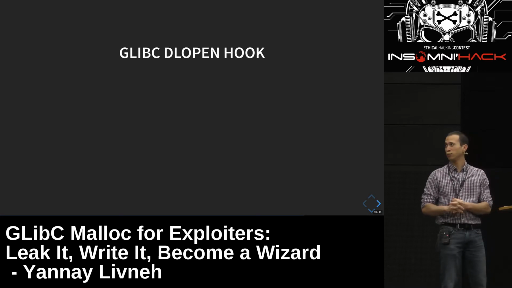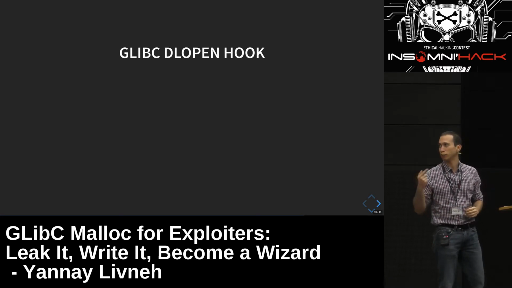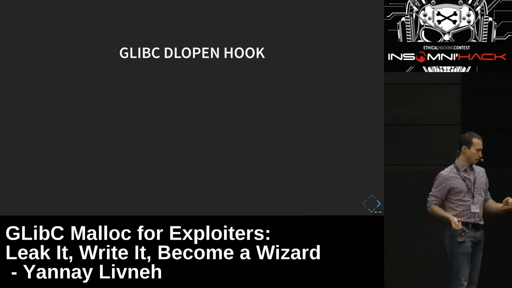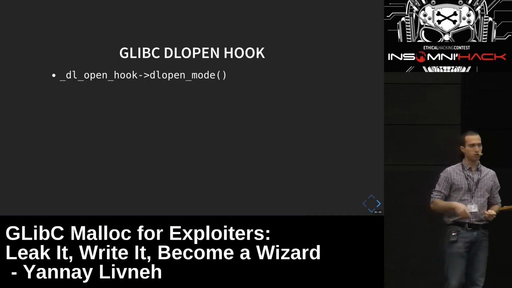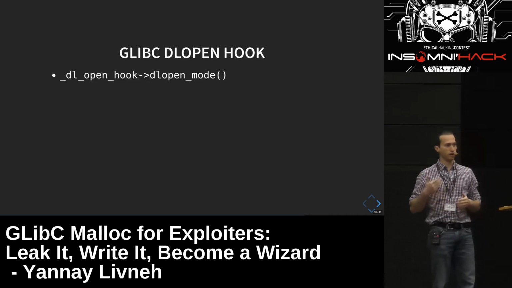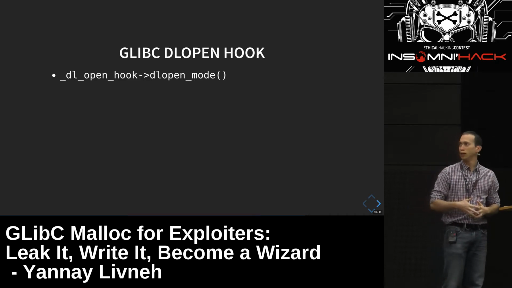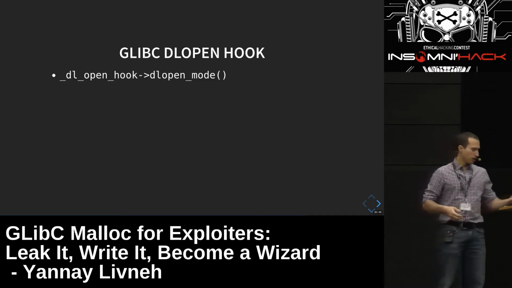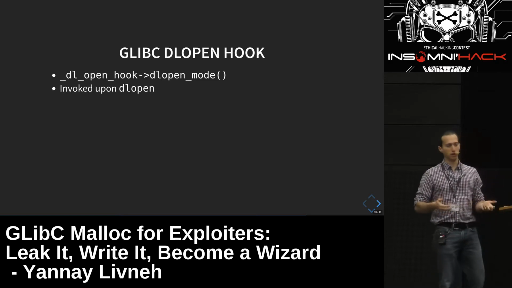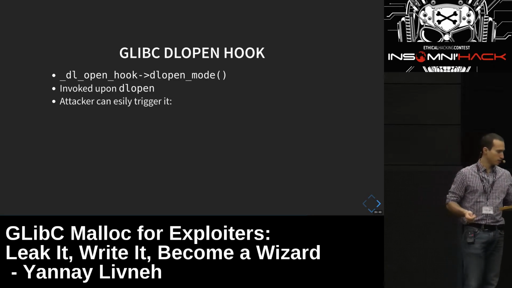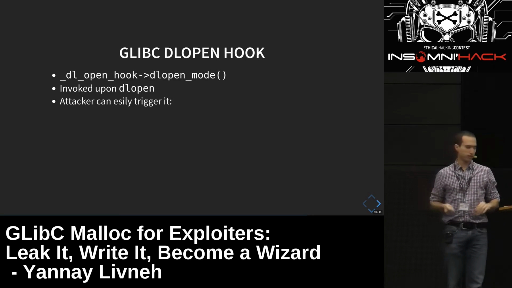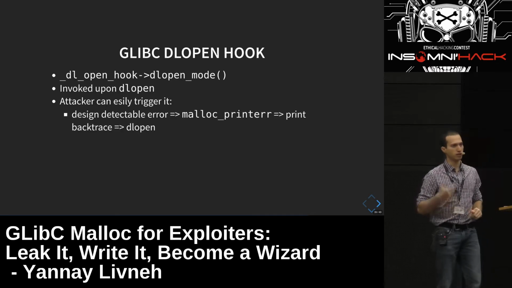The next one is the one I really like. I think I've never seen it except in one of my exploits and in Mac from Dragon Sector's exploit. It's the DL open hook. There is another global variable called DL open, which points to a table of functions, specifically the DL open mode. It's called whenever you're doing DL open, whenever you open an external library. An attacker can very easily trigger it because it happens when there is a detectable error.